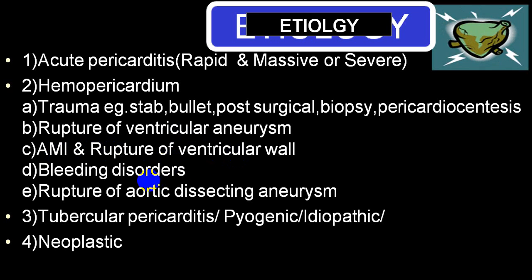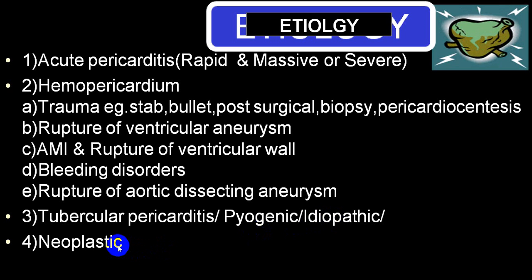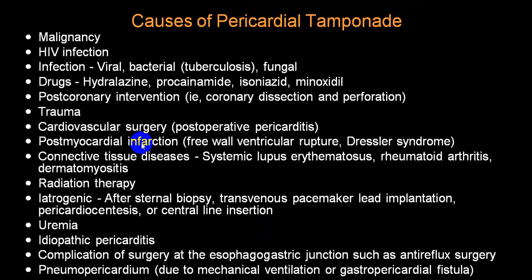Occasionally in bleeding disorders, or it can be because of rupture of an aortic dissecting aneurysm. Very rarely it will occur in tubercular pericarditis or the pyogenic or idiopathic variety. Not very common. Yes, in the neoplastic variety it can occur. So these are all the conditions which can end up with pericardial tamponade.